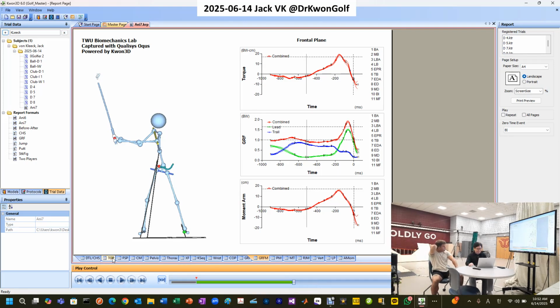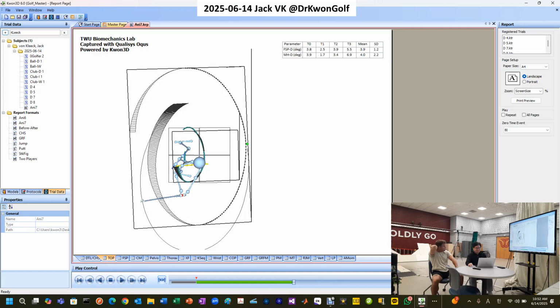And then let's go to the top view. This large rectangle here is the swing plane, calculated from the club head motion. This is before impact, this is slightly after impact, and this is the target line.